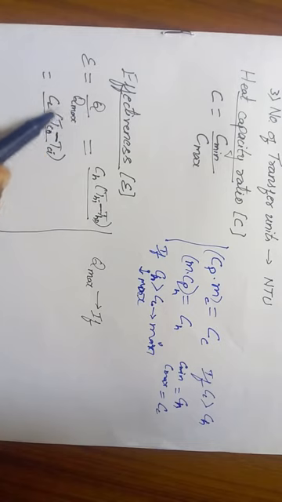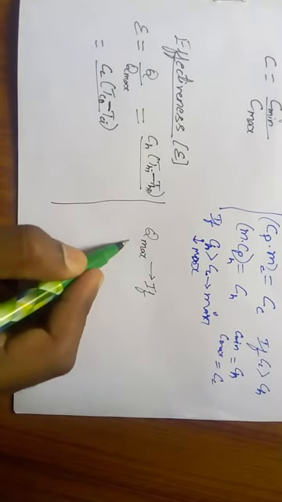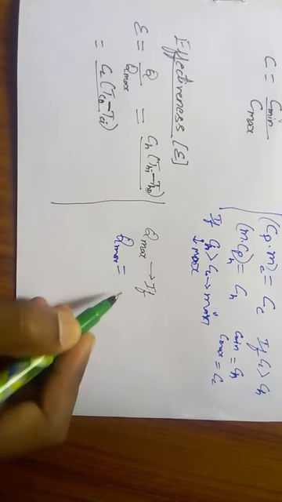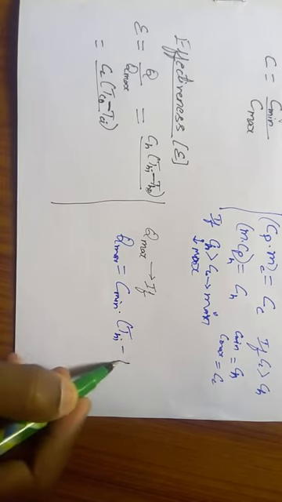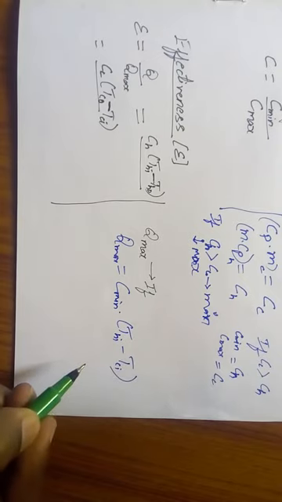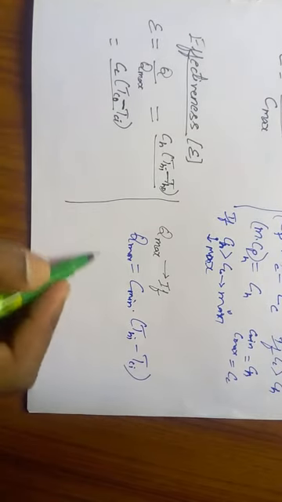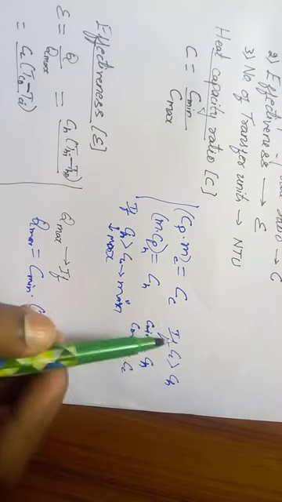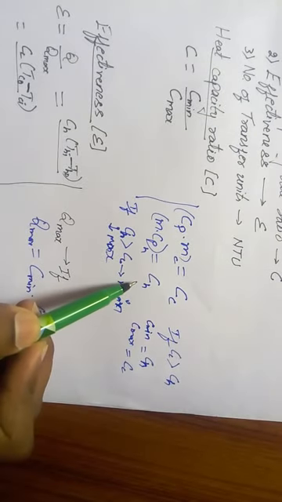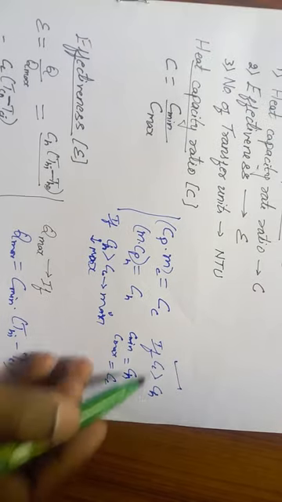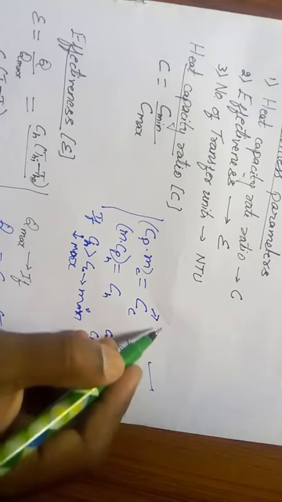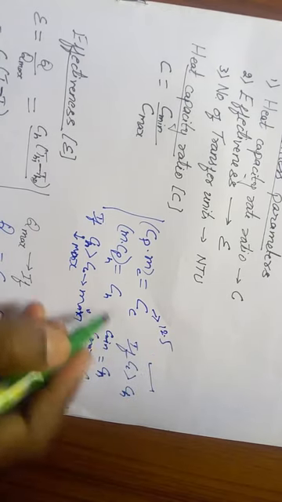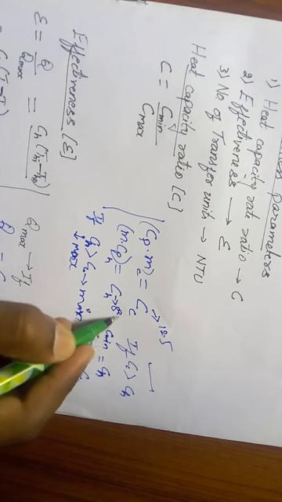Now what is this Q max? For your reference, Q max is C min into the difference between the inlet temperatures of the hot fluid and the cold fluid. Now how is this? I'll explain it here. We have seen Ch and Cc. Let me take this example: Cc is greater than Ch. For example, here I have some value like 12.5, and here I have some value like 8.4.